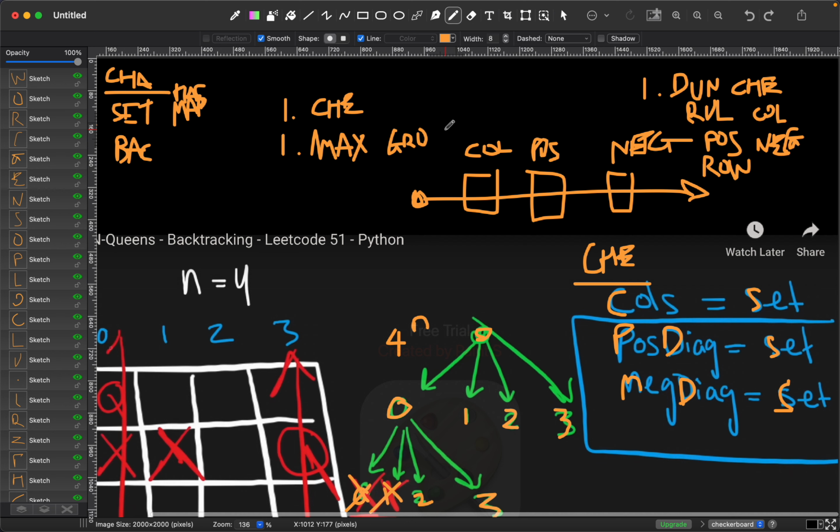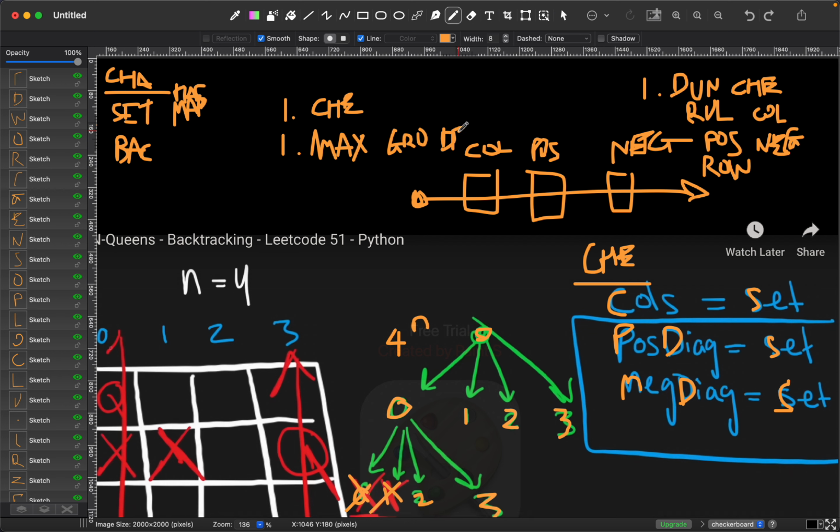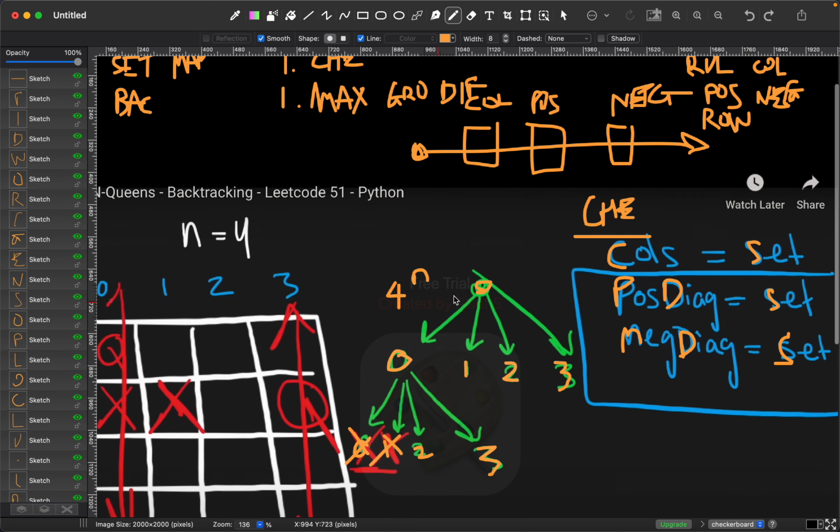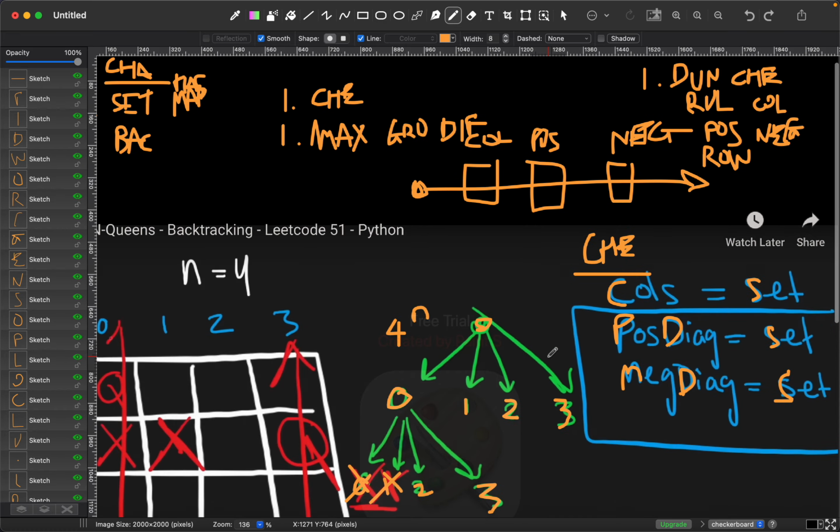You're taking a different combination of the max group that gets placed on these different places.